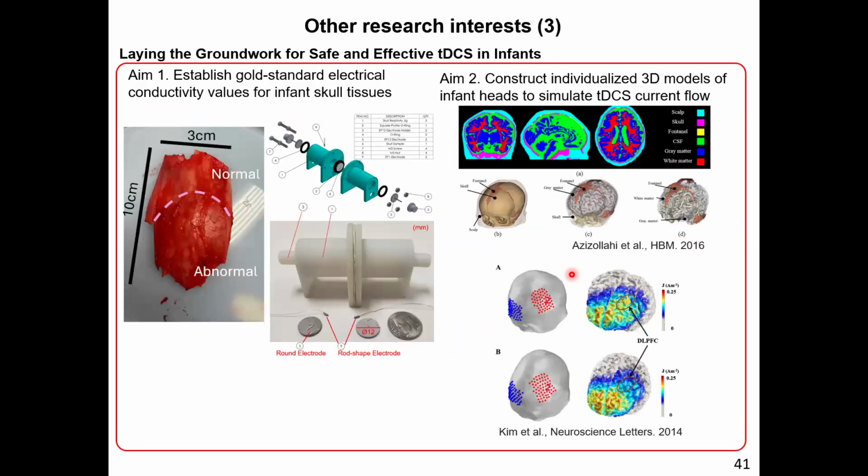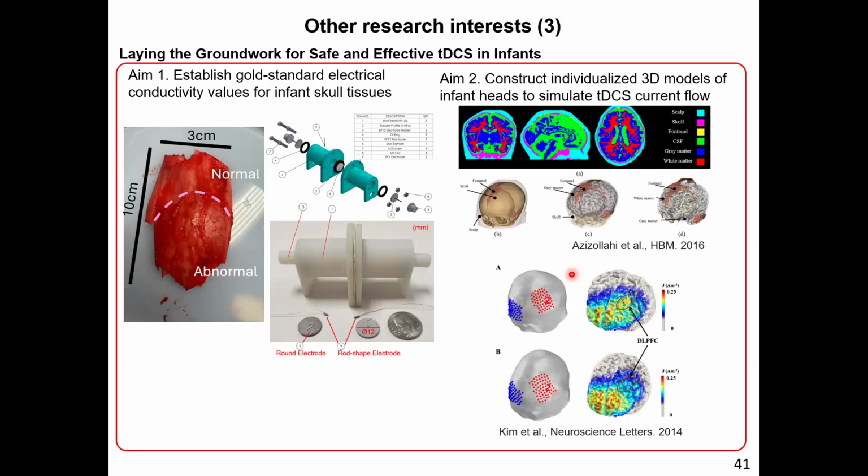And finally, as a PI, I'm also interested in laying the groundwork for a safe and effective TCS system in infants. As you may know, TCS has never been introduced in infants, and the main challenge is that we don't know whether it's safe or not. So Aim 1 is about establishing electrical conductivity values for infant scalp tissues.